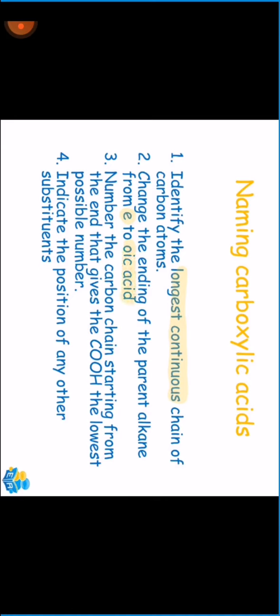So that simply means that you remove the e and you add oic acid instead. You number your carbon chain such that the COOH has the lowest possible number, and then you indicate the position of any substituents that are present, and you then go and form your name.